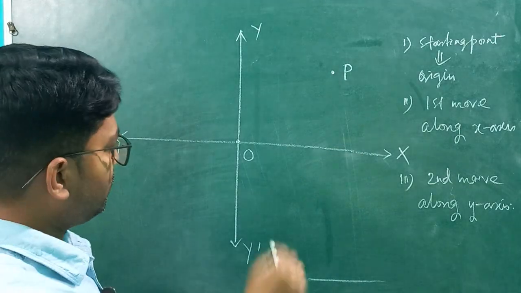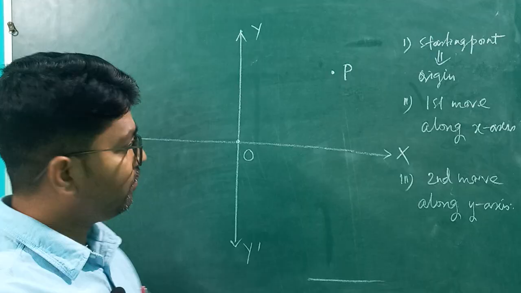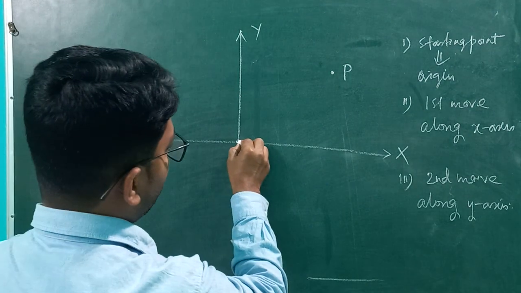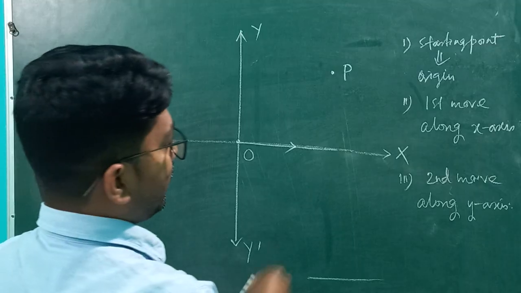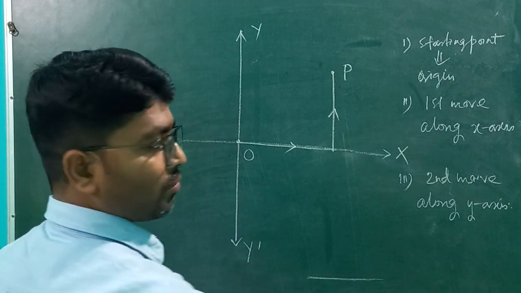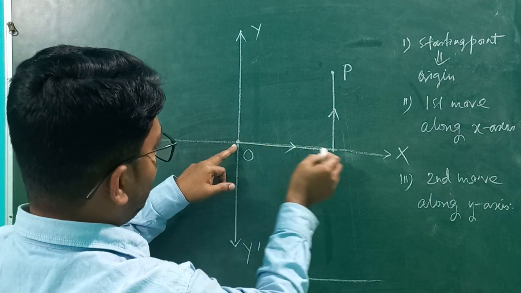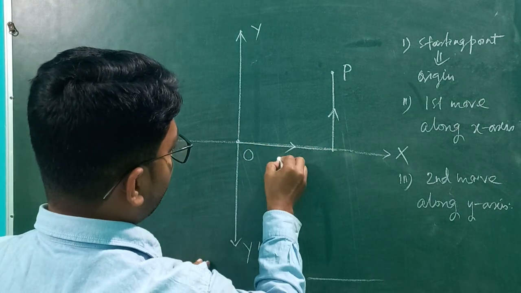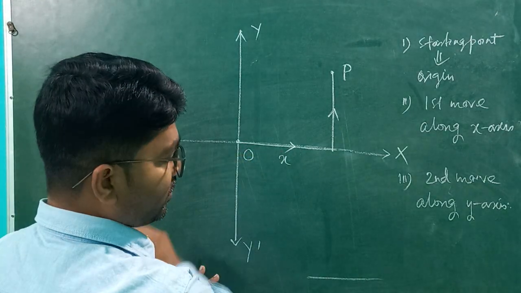We have to start from the origin, and then first we have to move along the x axis. That is, we move along the x axis in this direction, and then we move upward. Suppose this length, the length we move towards the right side, is x. Why is this x?